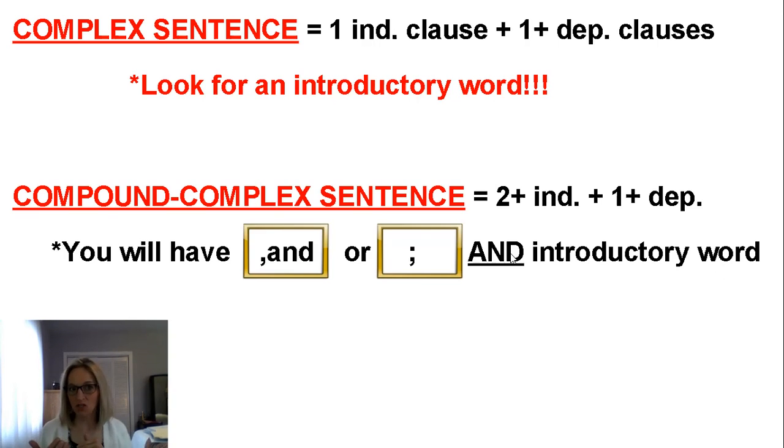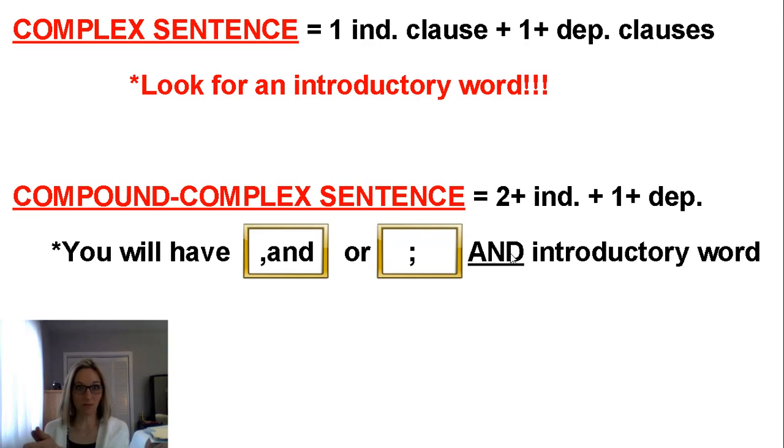So my suggestion is when you do a section like that, which will be your quiz tomorrow, where you are given sentences and you have to tell which type they are, the first thing you want to do is to look for a comma conjunction or a semicolon, okay? If it has one, that narrows your choices down. Okay, this sentence is either going to be compound or compound complex. If it doesn't have one, then that narrows your sentence down.